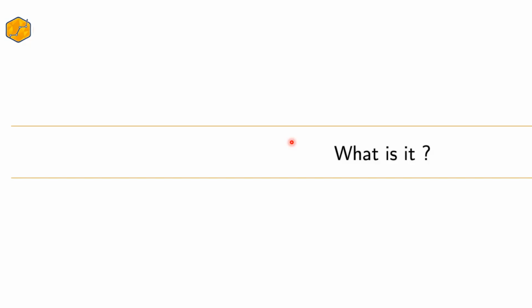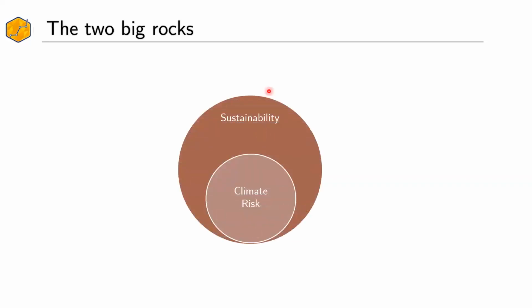All right, so let's talk about this. What is climate risk? Today, I'll just give you a very high-level, 5,000 feet overview of what climate risk is. There are two main things. One is called sustainability. Within sustainability, we have climate risk.